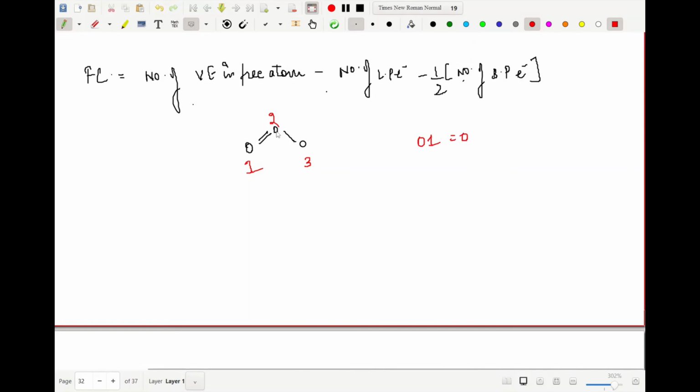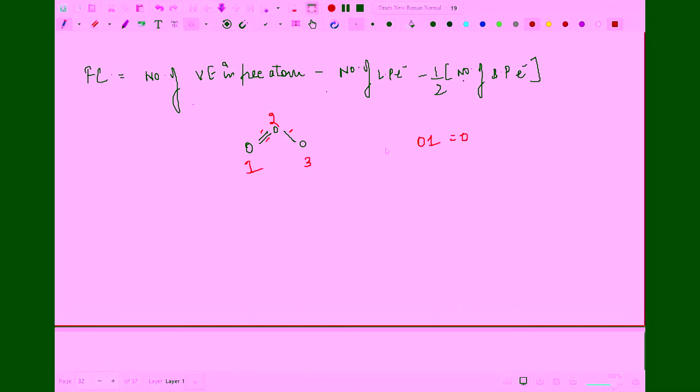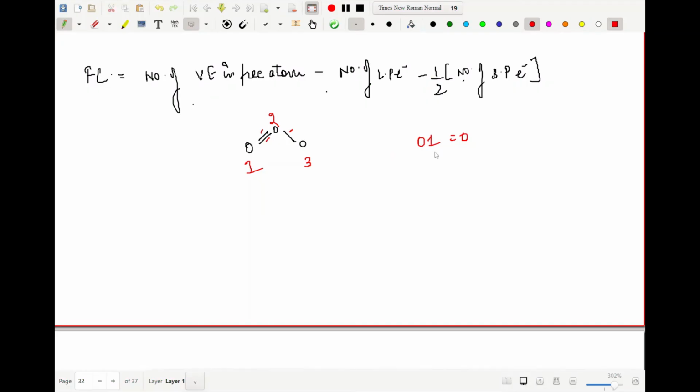Oxygen 2 is forming 1, 2, 3 bonds, which is one extra than what should be normally there, so oxygen 2 should be having a +1 formal charge, whereas oxygen 3 is forming just one bond, which is one less than what should be normally there, which is two bonds. So oxygen 3 is having a -1 formal charge.